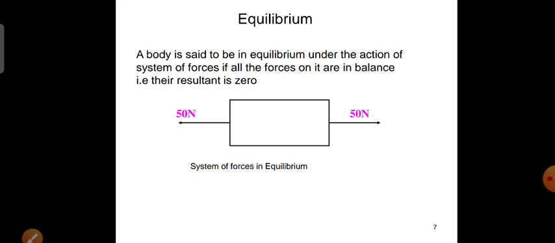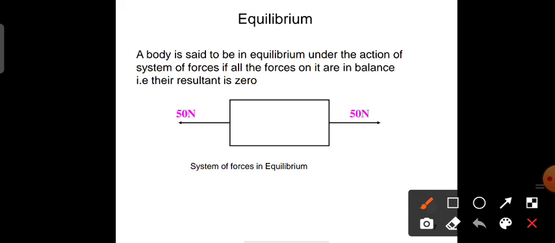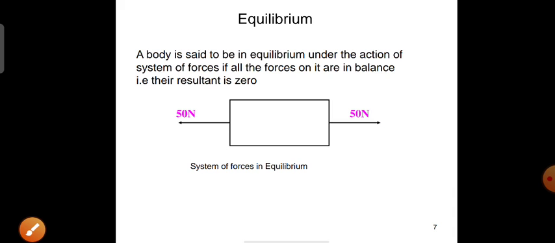So in this example, a 50 Newton force is acting in the rightward direction. Another 50 Newton force is acting on the left side of the body. These two forces are equal and in opposite directions.